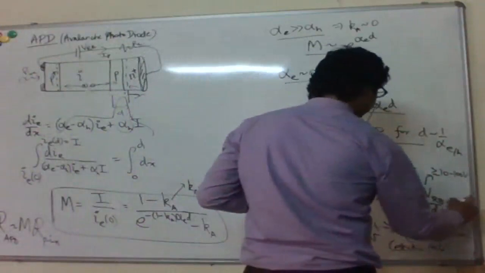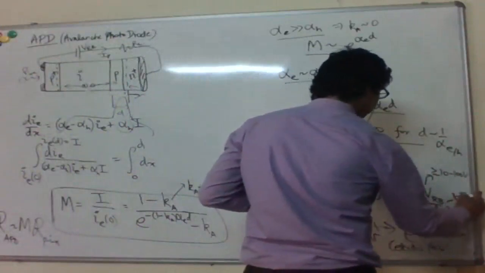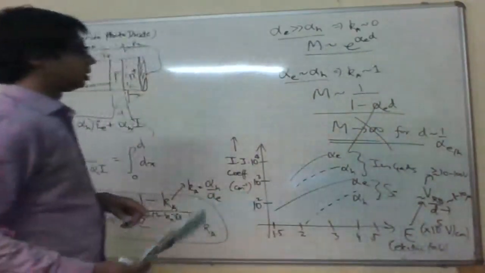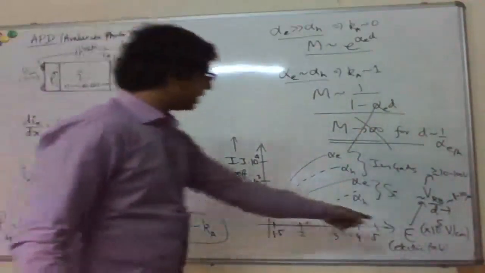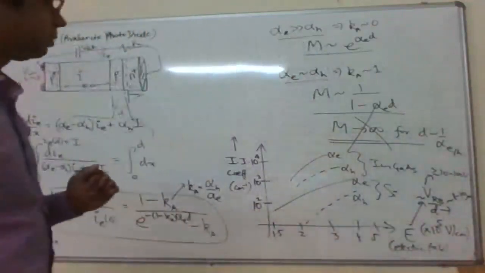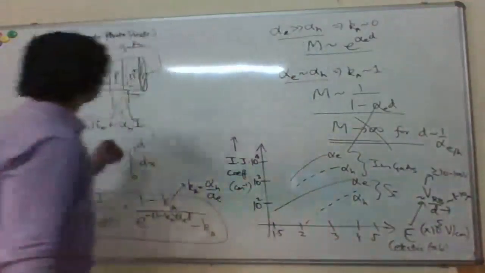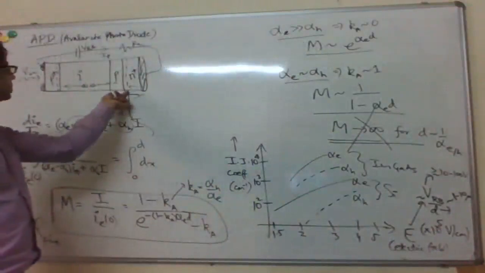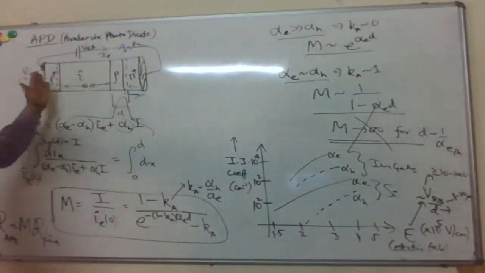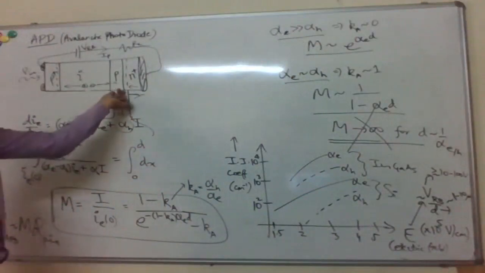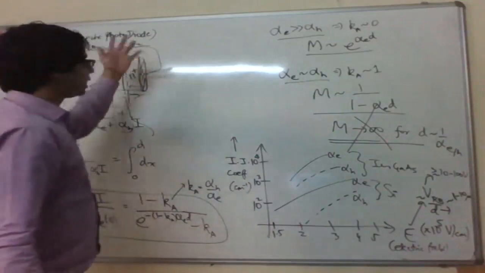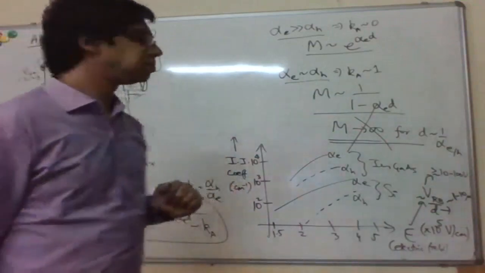And this D, if it's in the 1 to 10 micron range, then we can easily reach these values of beyond 10 to the 5 volt per centimeter. For example, you can have a 1 micron thickness here. The intrinsic region is, let's say, 4 or 5 microns, then a 1 micron multiplication region, and then you can work with a reverse bias voltage of 10, 20 volts.